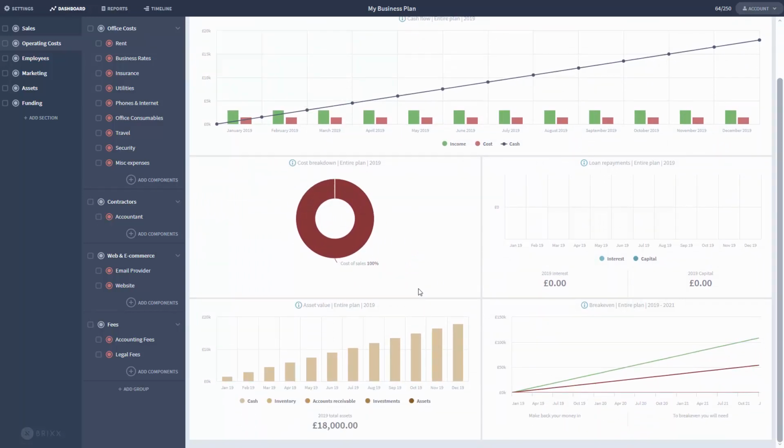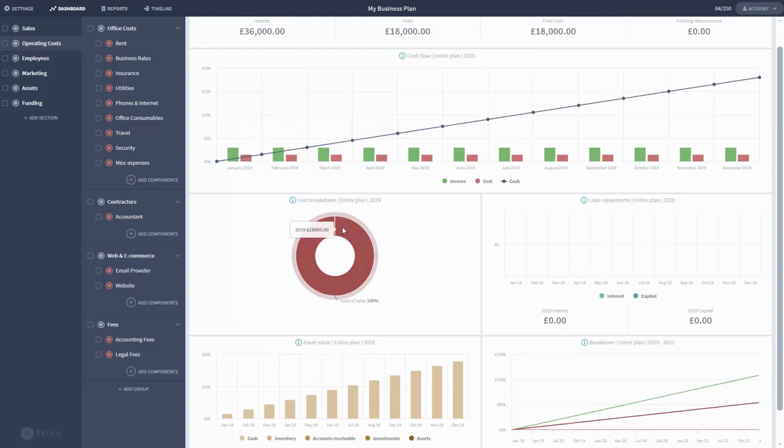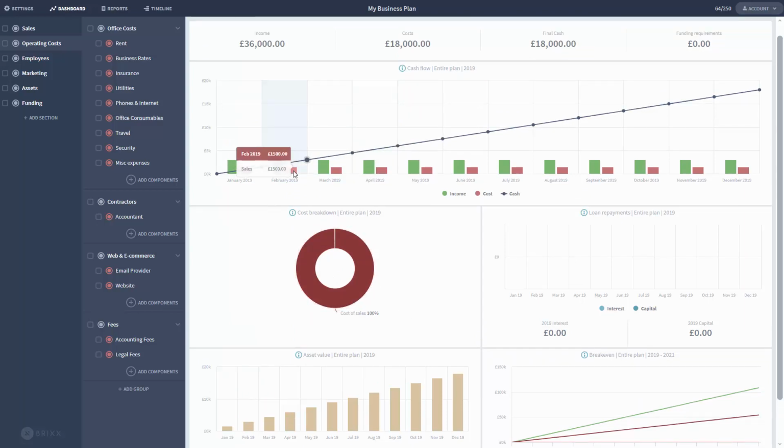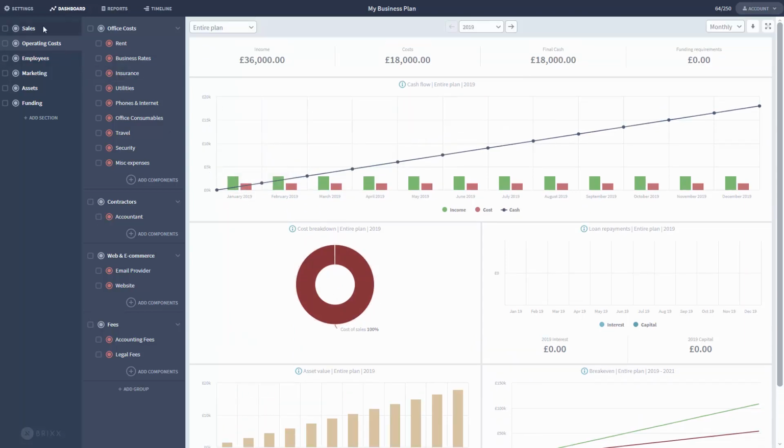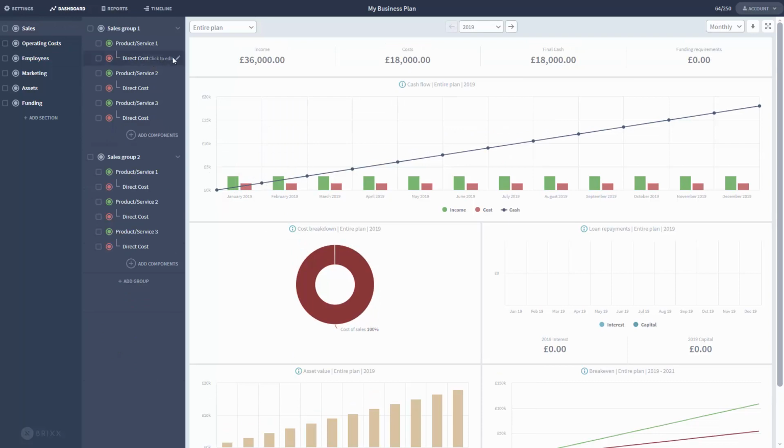So moving down the page, we've got our cost breakdown chart, which at the moment is just showing one cost, which is our cost of sales here, and the way that was working, I probably went through this too quickly earlier.